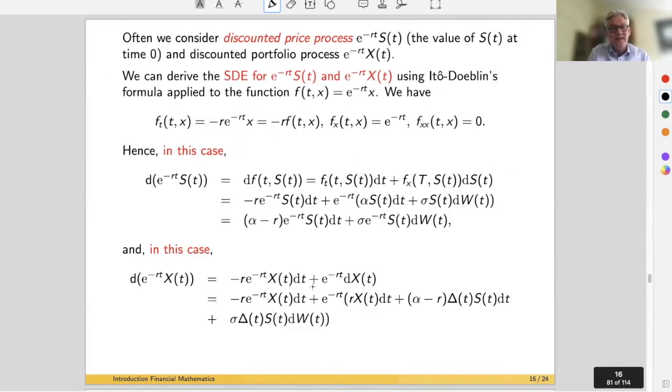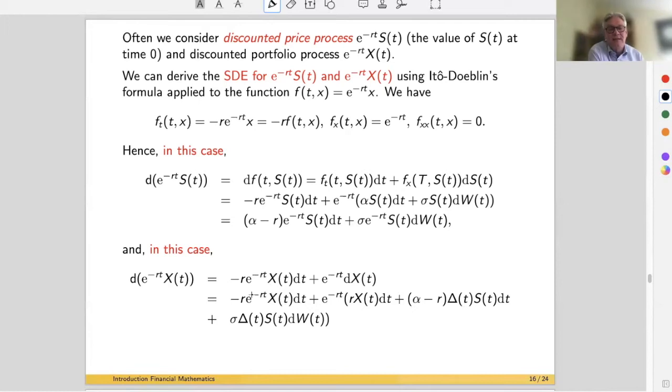Doing that gives us, the first term is just copied, minus r e to the power minus rt Xt dt, plus the discount term e to the power minus rt, and then we substitute r Xt dt plus (alpha minus r) delta t St dt plus sigma delta t St dWt.